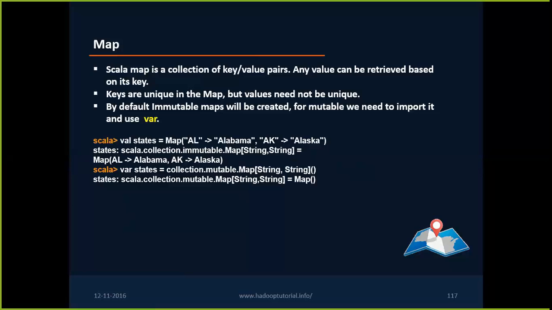And a tuple, if you are coming from C language, is equivalent to a struct. And if you are aware of Pig scripts, a tuple is exactly equivalent to your tuple in Pig.